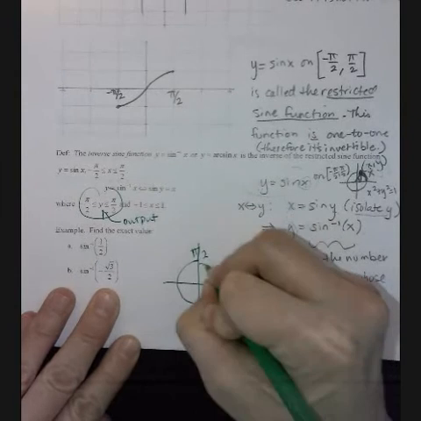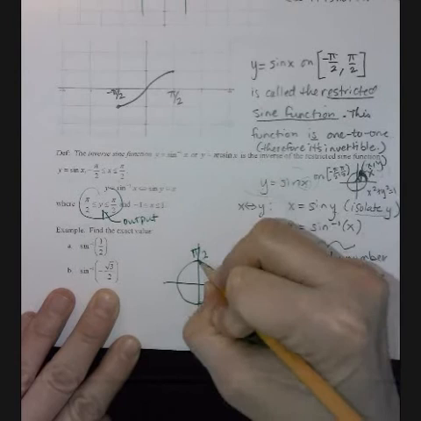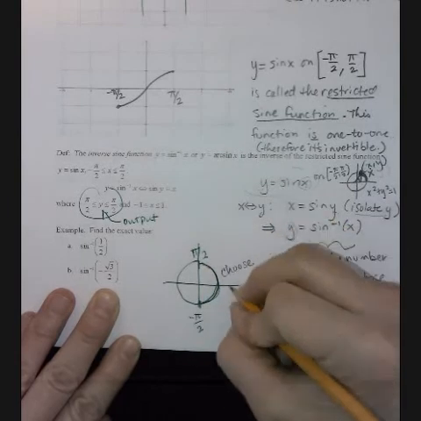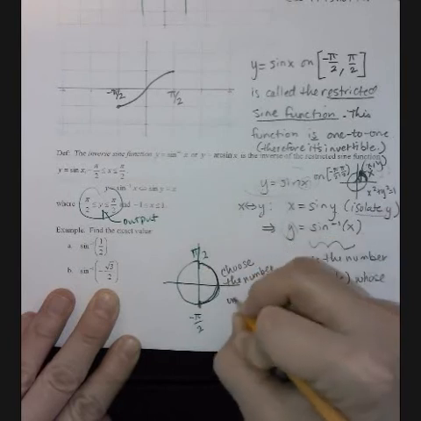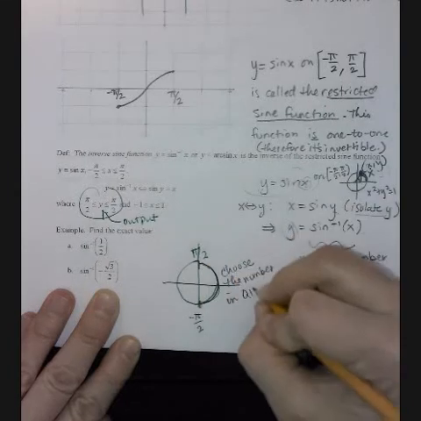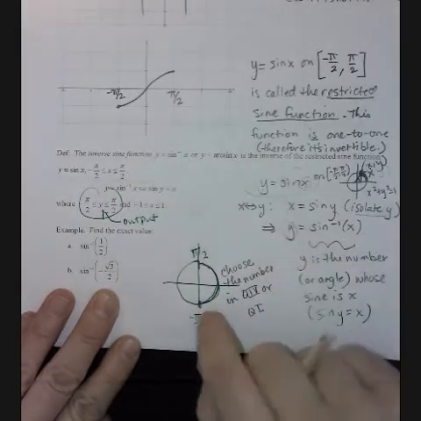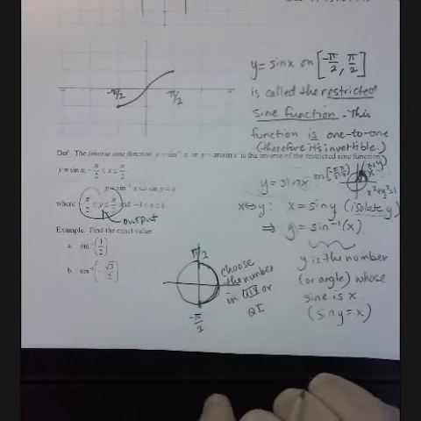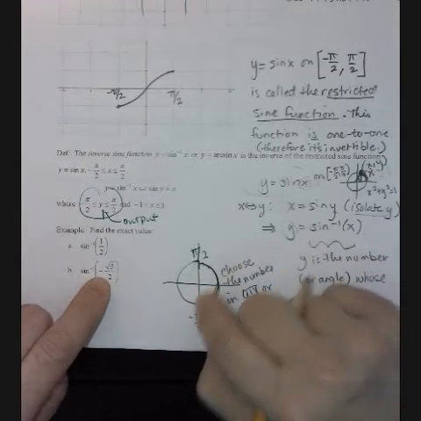You're choosing your answer, your angle, your number, if you will. Choose the number in quadrant 4 or quadrant 1. And the quadrant 4 number has to be a negative number between negative pi over 2 and 0. So if this is a positive, you choose from quadrant 1. If this is a negative, you choose from quadrant 4.